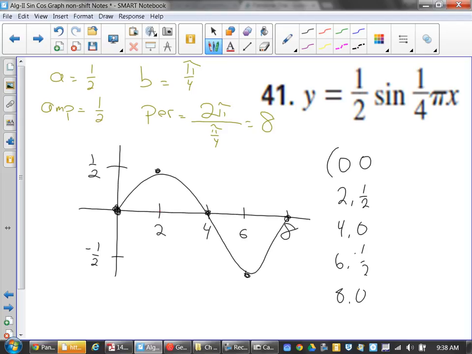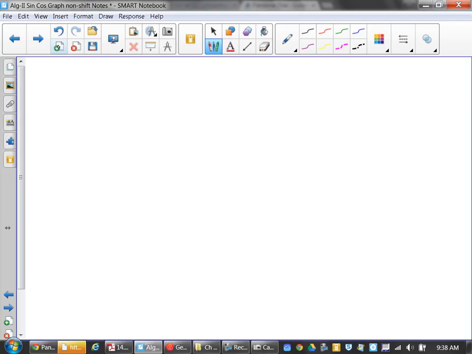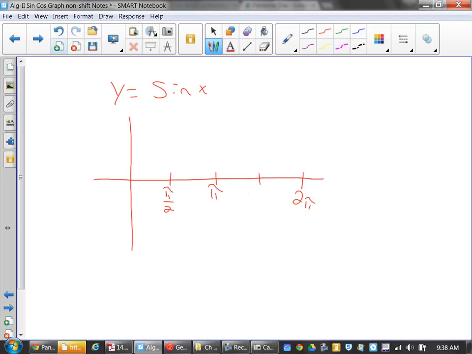Okay. What happens with sine or cosine, any of these trig function graphs, is that a standard y equals sine of x graph, if you follow your unit circle and put in your critical points, these are your quadrantal values. Do you agree?